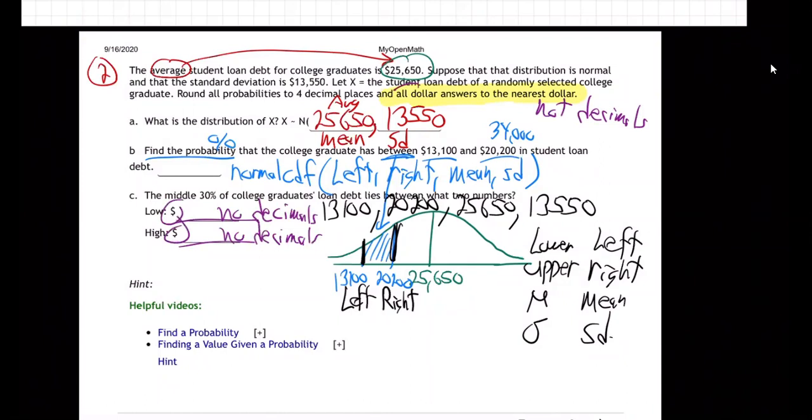They want you to round them to the nearest whole number of dollars. Thank you for that clarification. All dollar amounts to the nearest dollar, meaning no decimals. So if the first decimal is over 5, do we round it up? Yeah, exactly. Good clarification. Thank you.